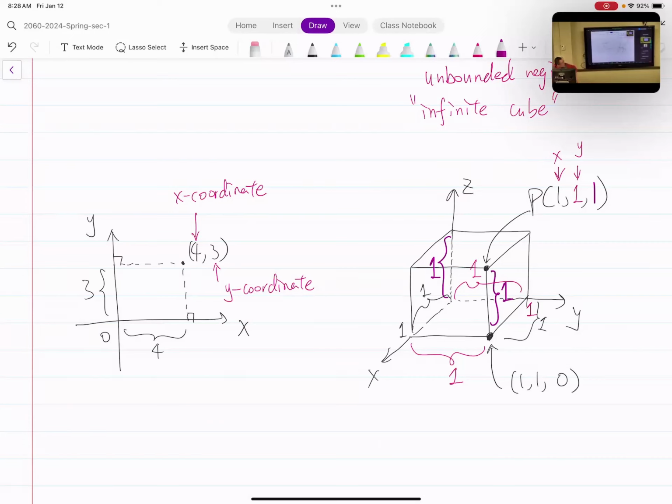Okay, so the coordinates are all the same, they're all 1, so you essentially end up with a cube. Okay? So now about the terms, the last coordinate is called the z-coordinate, a direct extension from 2D coordinates.